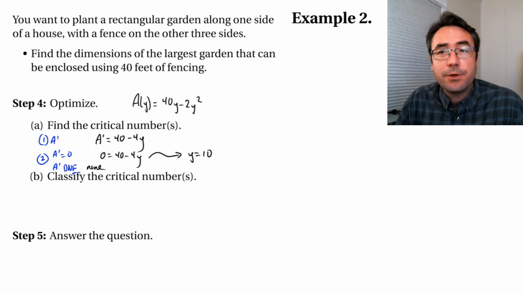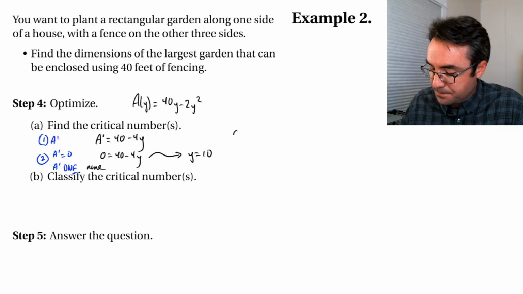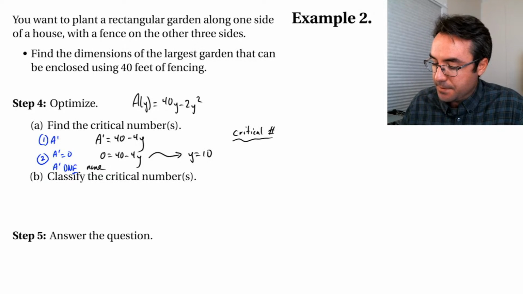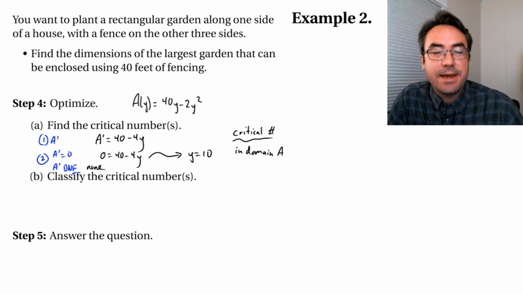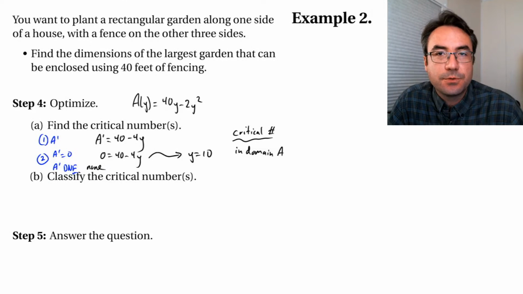And that's our only critical number. We know it's a critical number because it's in the domain of our function A. We could plug 10 into that, and there's no division, no square roots, no logs.